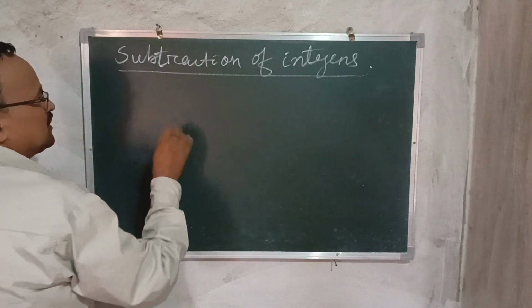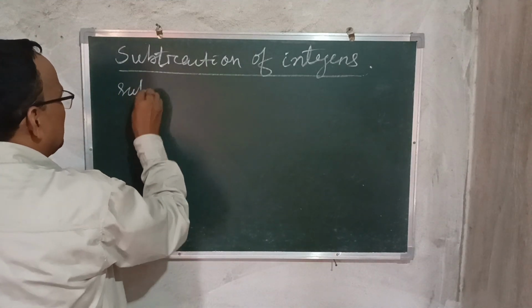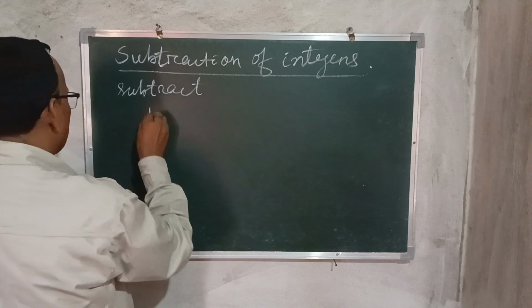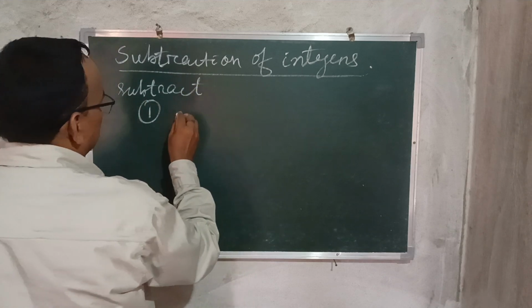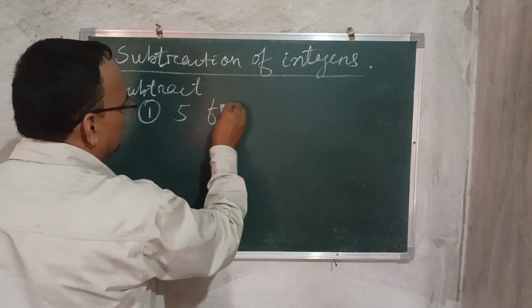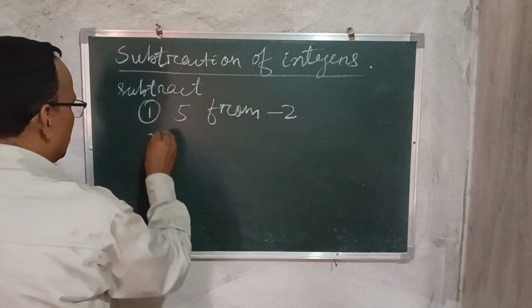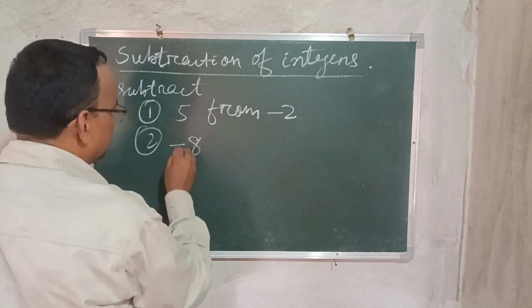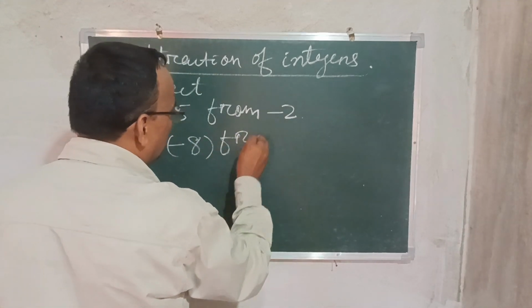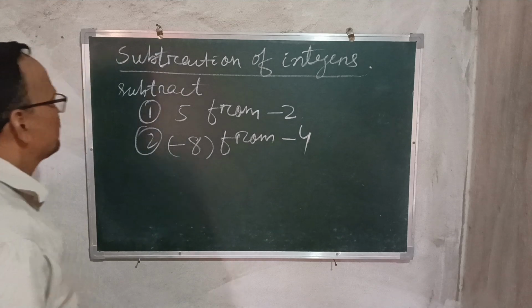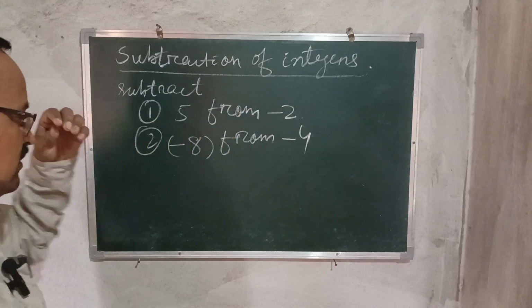The question is: subtract 5 from minus 2, and subtract minus 8 from minus 4. How to solve them?